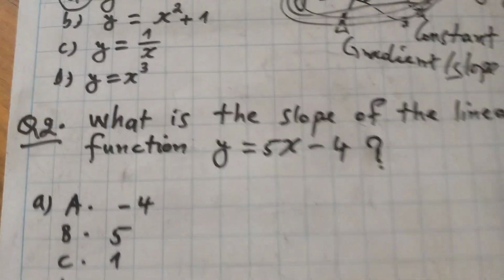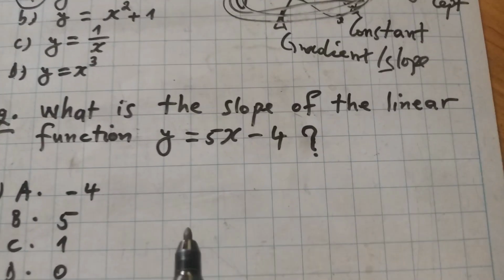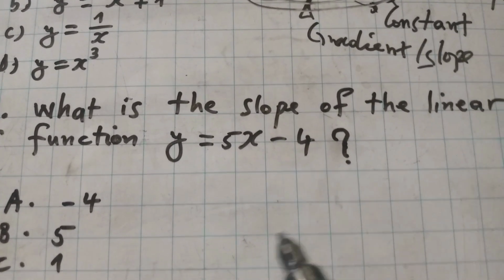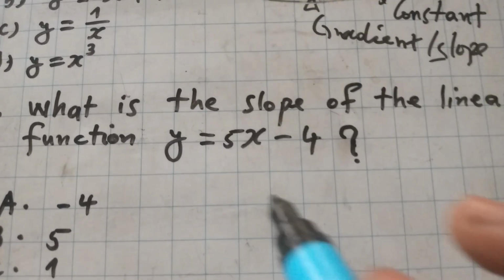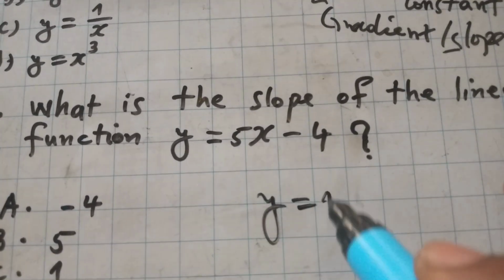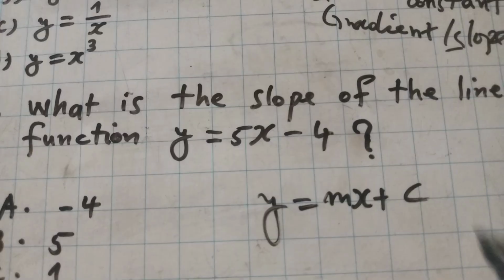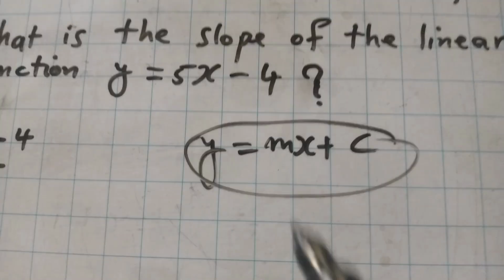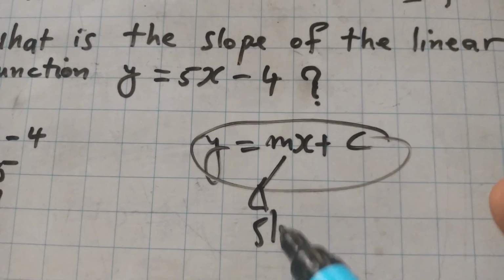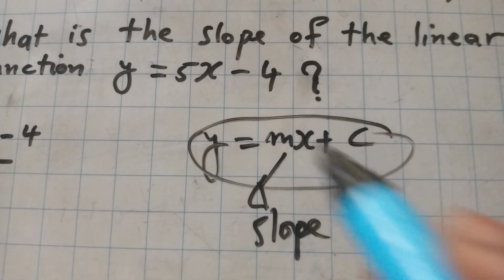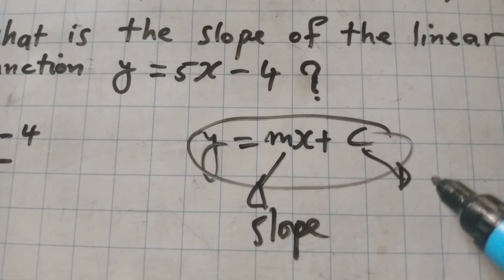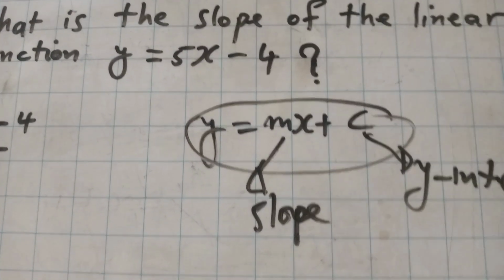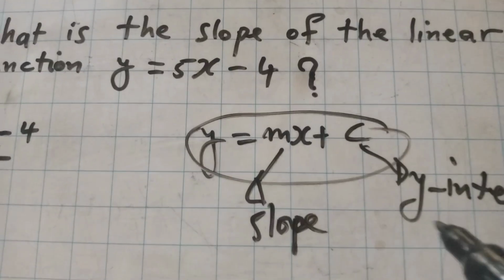Number 2, what is the slope of the linear function? I told you we have y equal mx plus c. This is the general form for linear equation, and this m is the slope, and this c is the y-intercept.